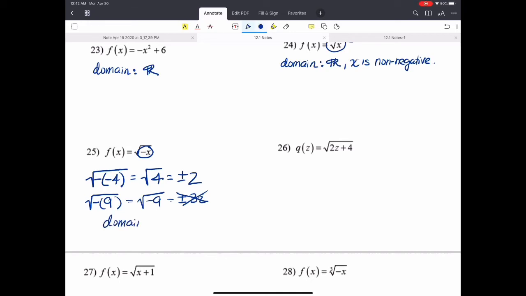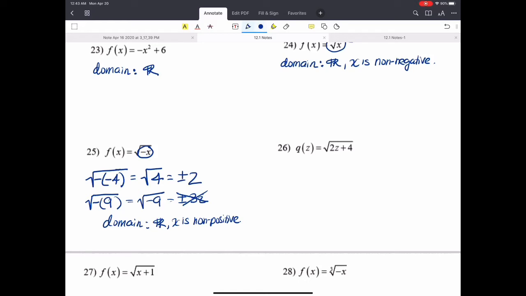So the domain of this one is going to have to be all negatives. So it's going to be non-positives. So all reals as long as x is non-positive, meaning it could be 0 or less.